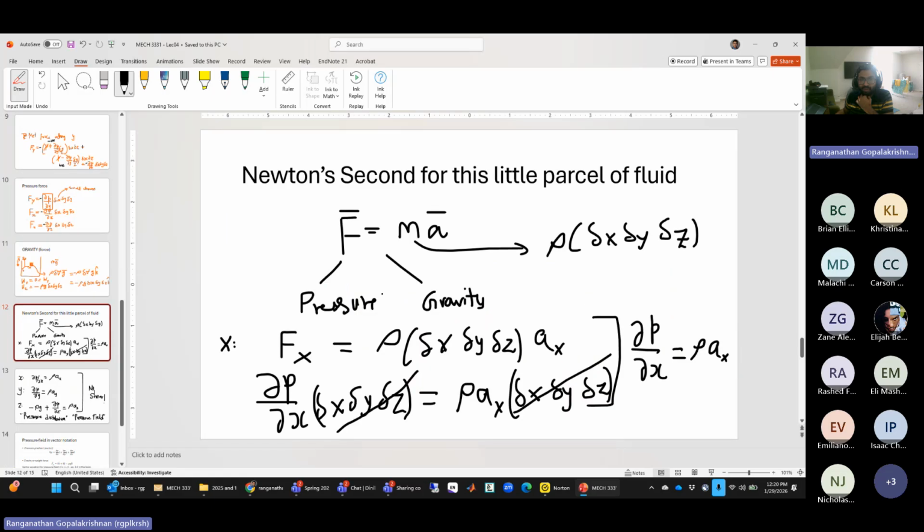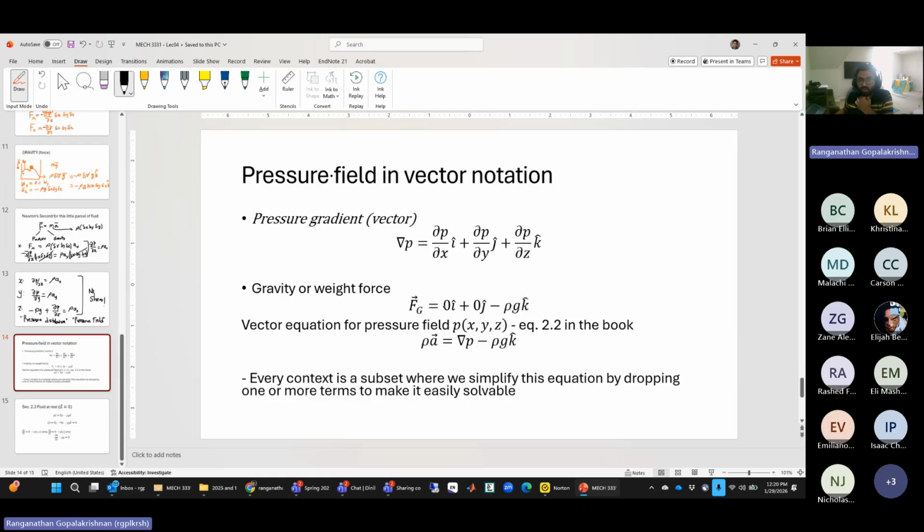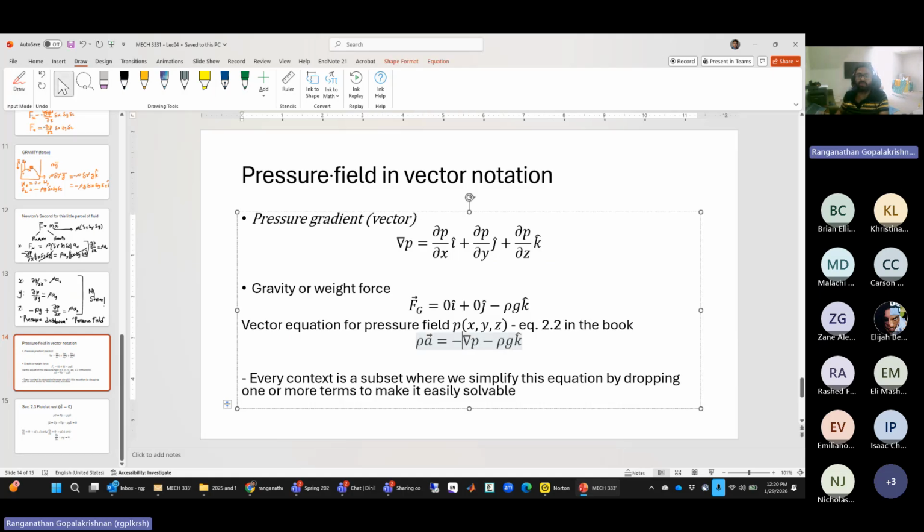Okay. So when I wrote this equation, I should have had a negative sign. Sorry. So this is the equation. It has a negative sign: minus rho A. Yeah, that is consistent with equation 2.2: rho A equal to negative gradient of P minus rho g times unit vector k.